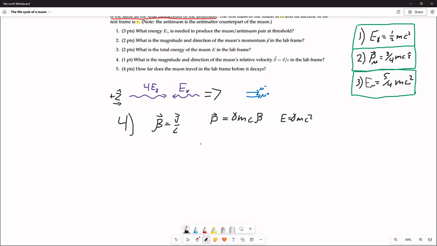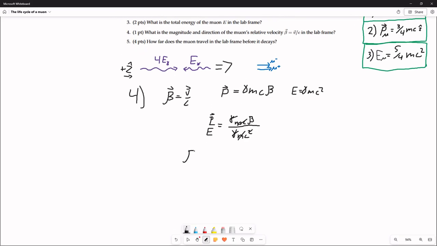So if we take momentum over energy, we get gamma mc beta over gamma mc squared. Let's cancel out the mc, the gamma, and we get beta is also equal to momentum over energy times c.